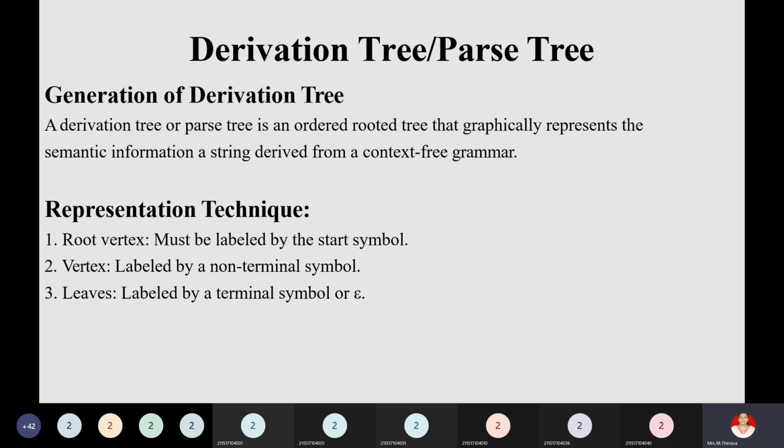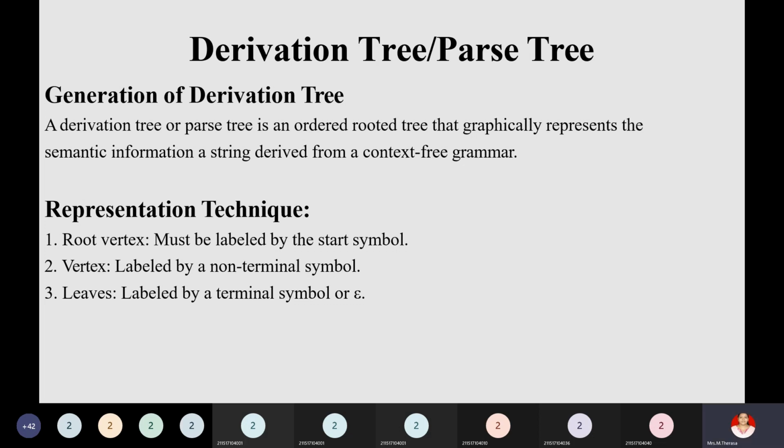In order to represent that derivation in a graphical form, we can use a tree called a derivation tree or a parse tree.